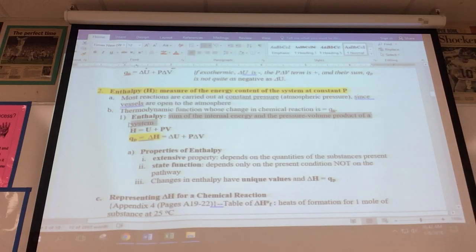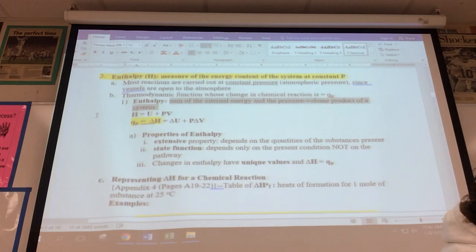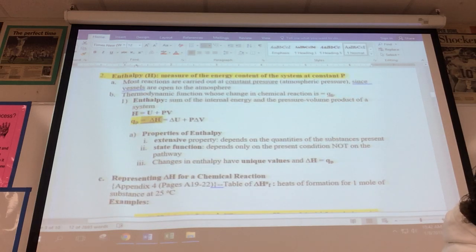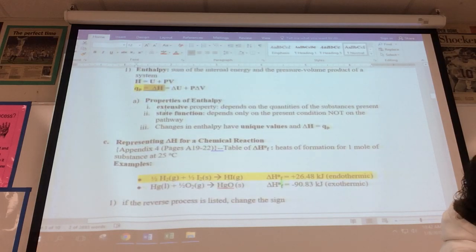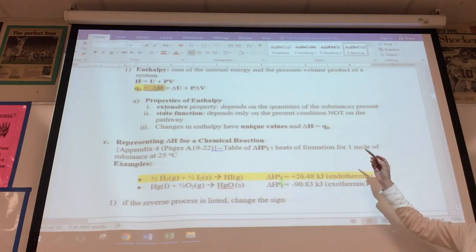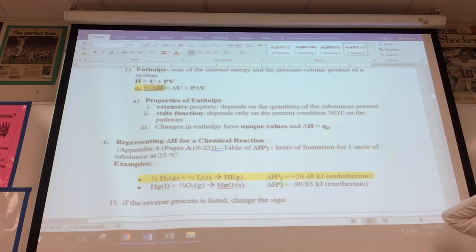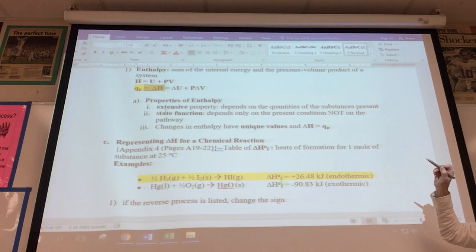Essentially, enthalpy is going to be a measure of the energy content of the system at constant pressure. And we're going to go about calculating delta H a couple of different ways. A few properties of enthalpy include that it's extensive, it depends on the quantities of the substances present, and it's a state function, so again, it only depends on the beginning and the end, so you can do final minus initial.